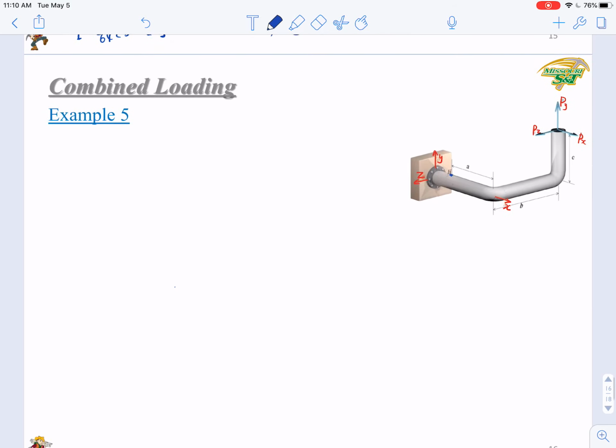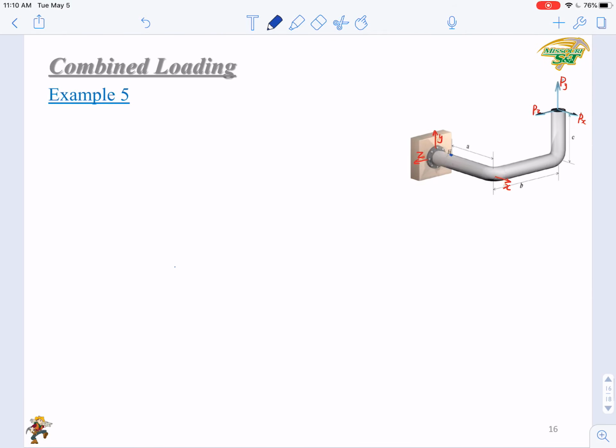In the third step, we will calculate the normal stress at point H. The first component, sigma 1, is due to the axial loading.